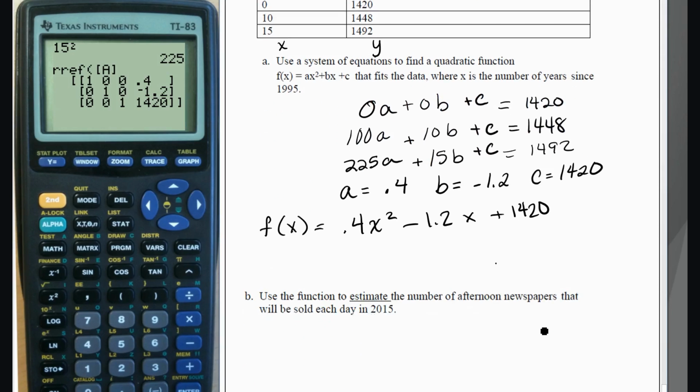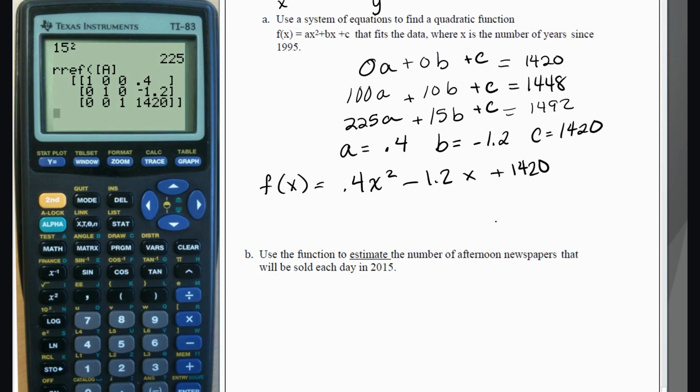Okay, and this says use the function to estimate the number of afternoon newspapers that will be sold each day in 2015. Now, who knows if this model really works, because we know that in 2015 newspapers aren't very popular, but we'll see. So now 2015 is 20 years since 1995, so we want to do f of 20.